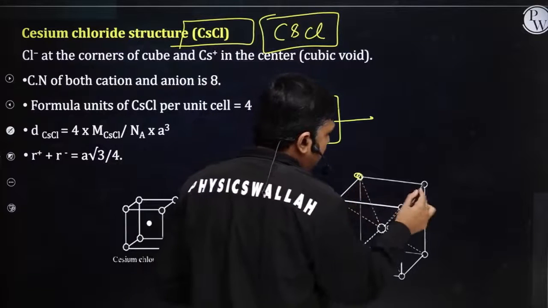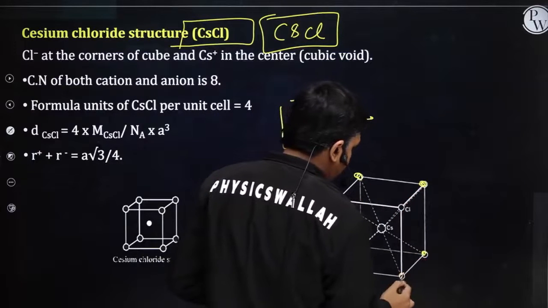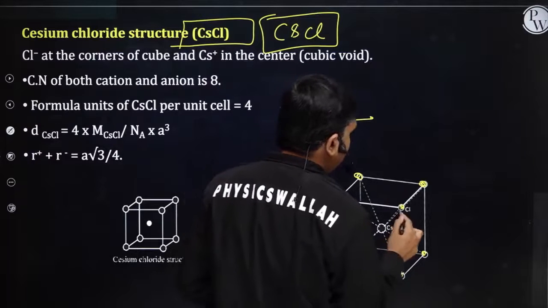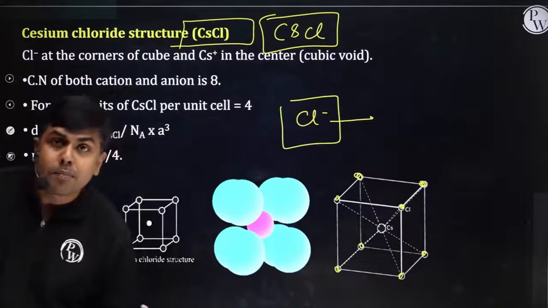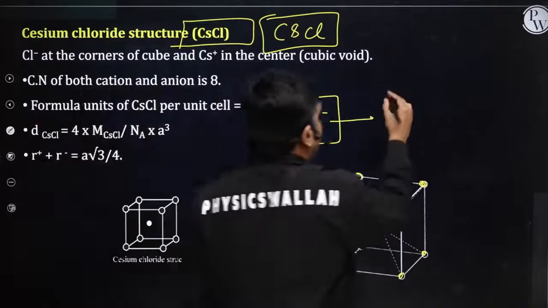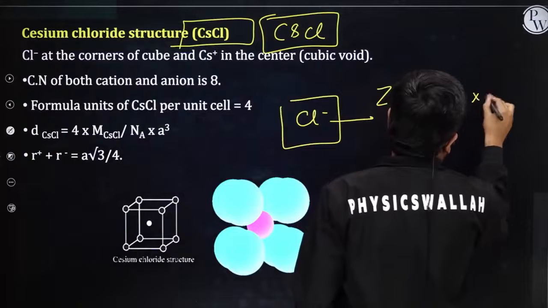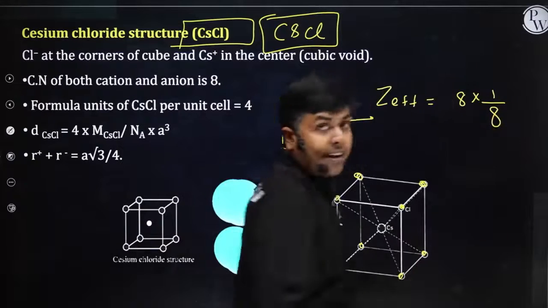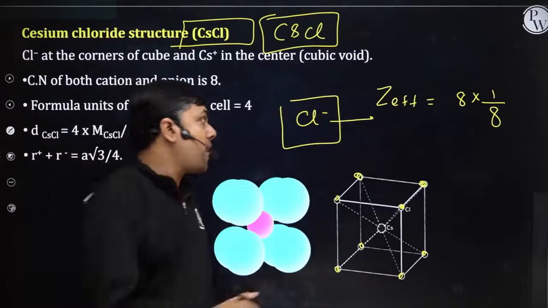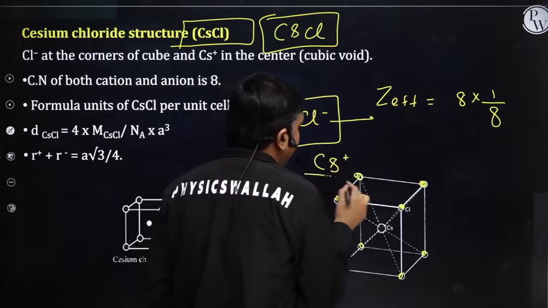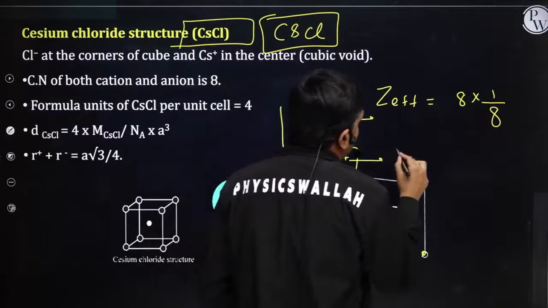So its effective number, Z effective of Cl minus, is 8 into 1 by 8. Cl minus is placed at every corner. Whereas if I talk about Cesium plus, Cs plus, it's exactly placed at the body center.